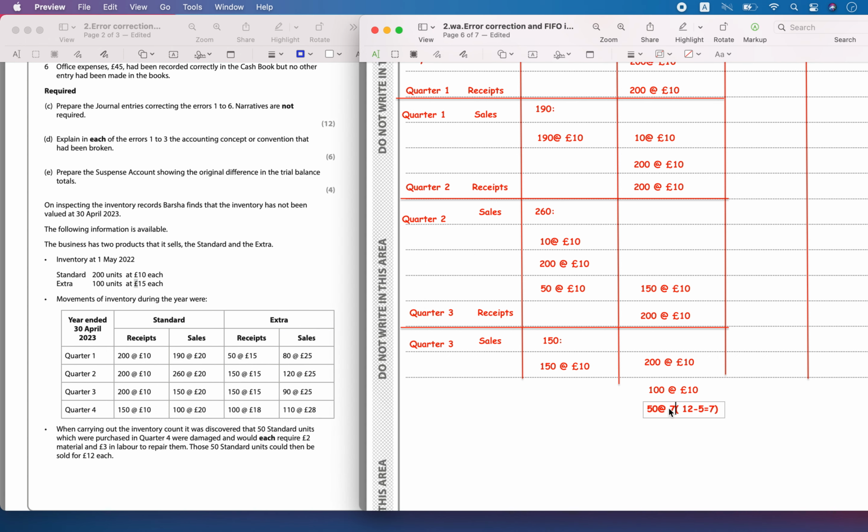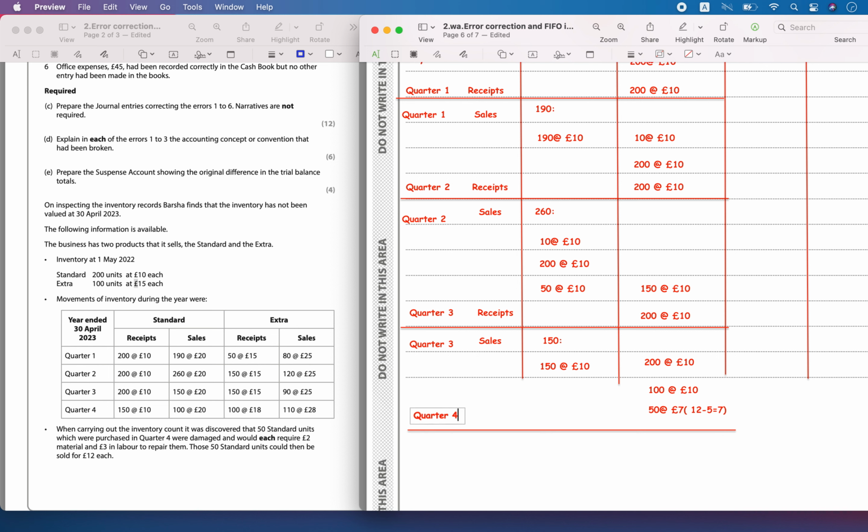Now you have to make a sale of 100 units. These are the inventories we have at the end of quarter 4: 200 at 10, 100 at 10 and 50 at 7. Now let's make the sales for quarter 4. 100 units have to be issued from the top.